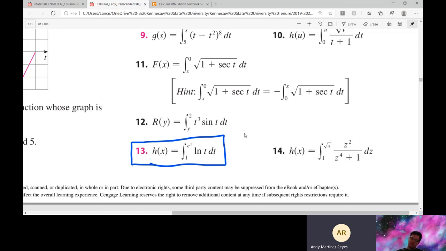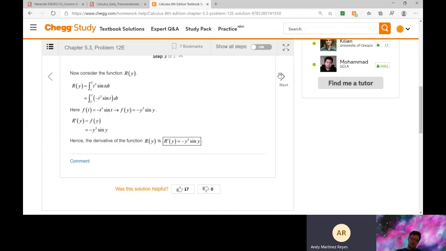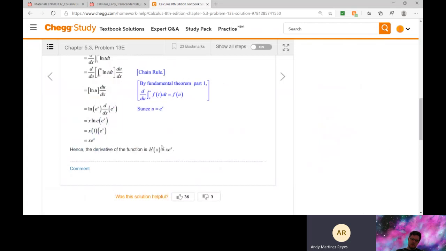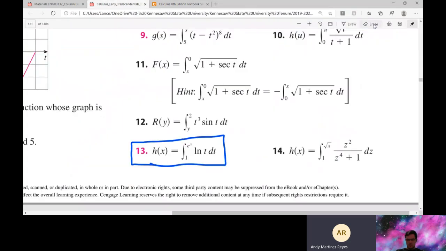Oh, 1. Nope. What does that equal? Just x. Yep, so it equals x times e to the x. Yeah, x times e to the x. Okay. See? There. All right, try 14.